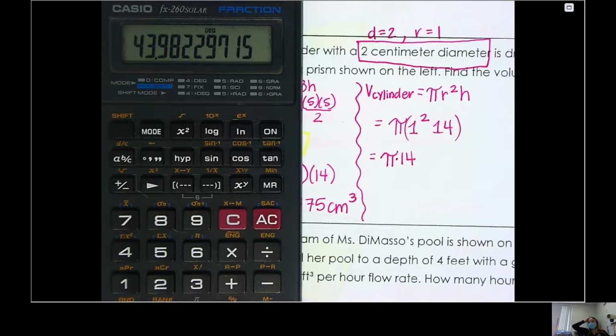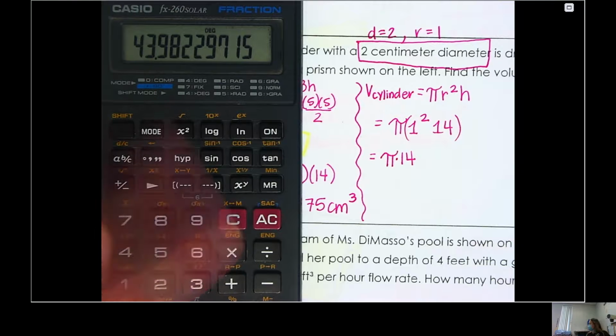Did anybody not get 43.98? Yeah. What'd you get? I don't know if it's not working, but it just said 14. You push equals afterwards. I did. Okay, so try it one more time. So push EXP first.